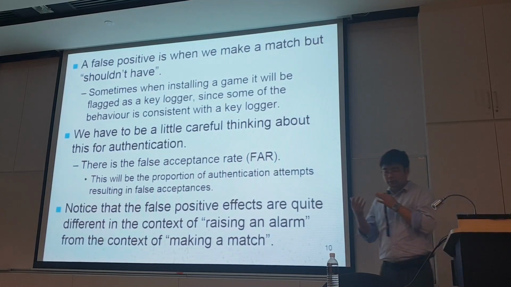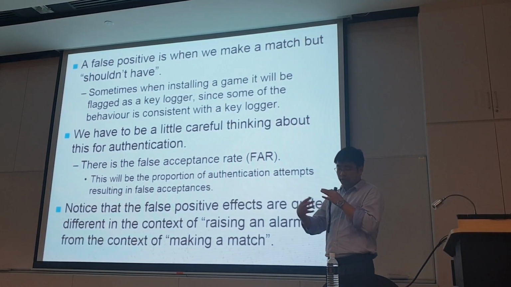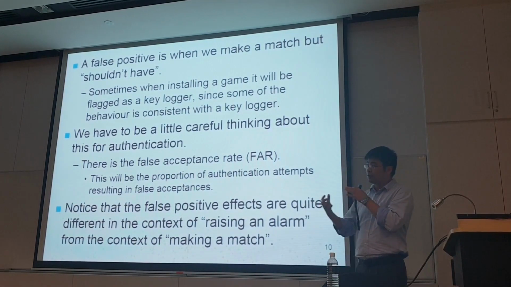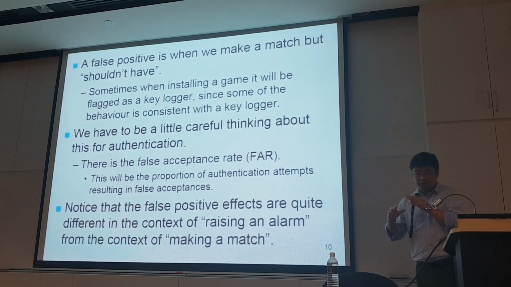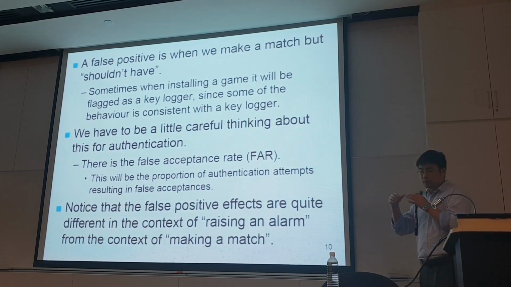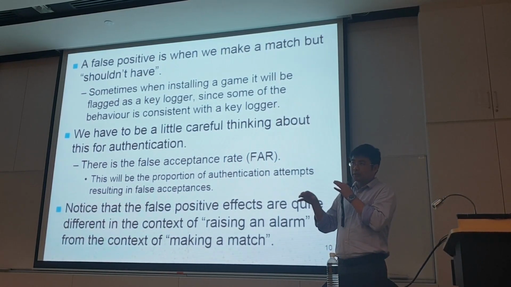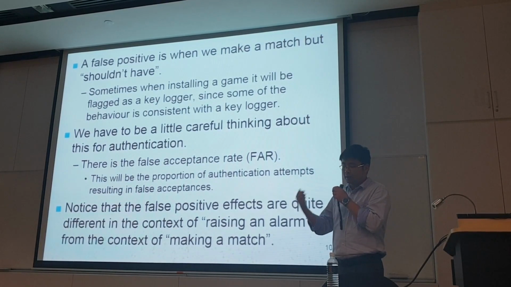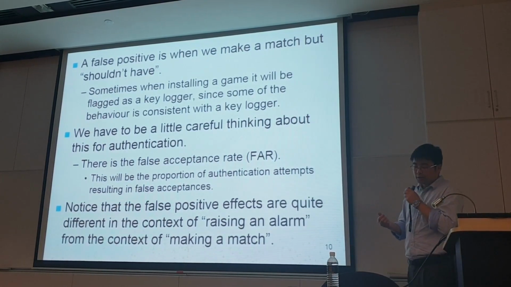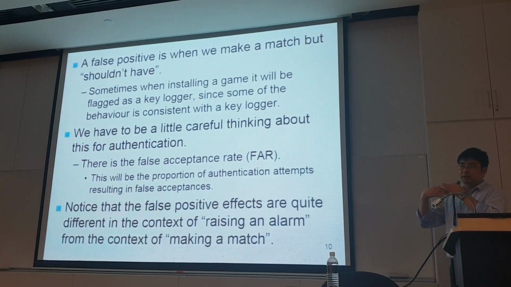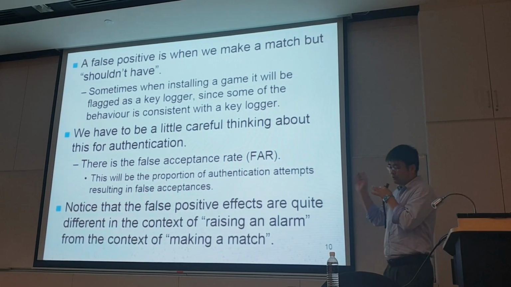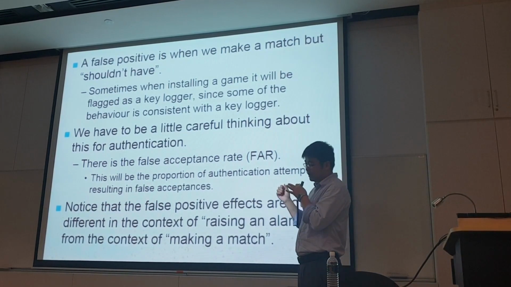The system will collect your biometric data and store it in the database. Later, when you do authentication, it will collect another pattern, the current pattern from the user, and then do the matching between the two patterns. In this case, both false positive and false negative can happen.